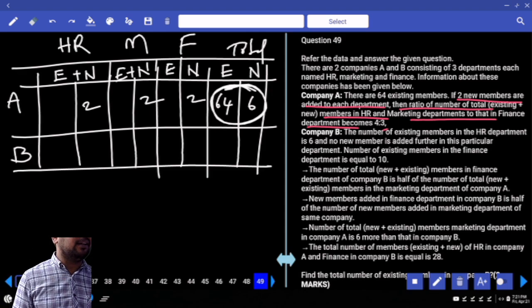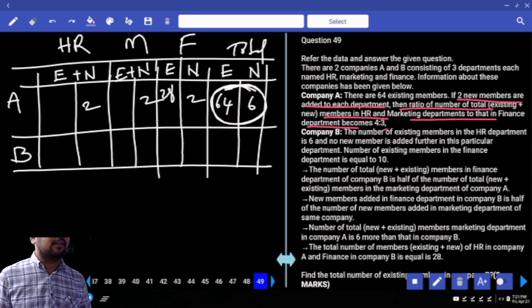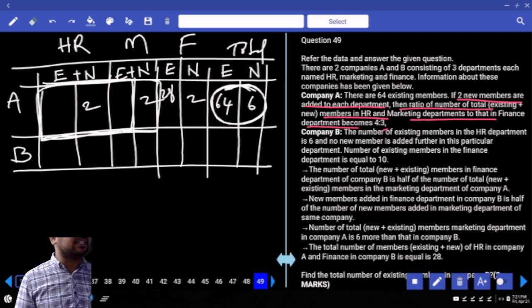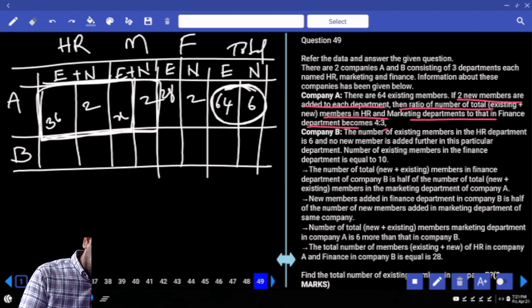Already new members are 2, so the remaining are 28. HR and marketing together is 40. Already 4 new are there. Say if I assume this is X, this is 36 minus X. Are you clear?